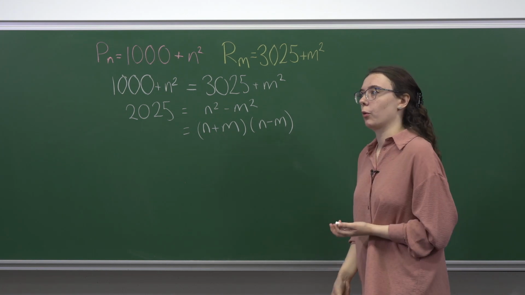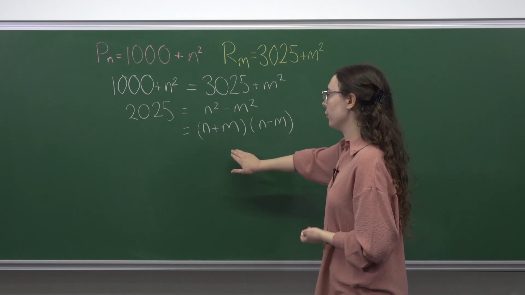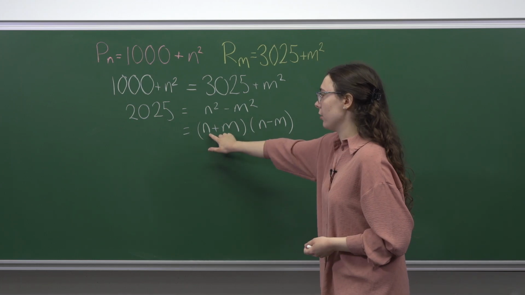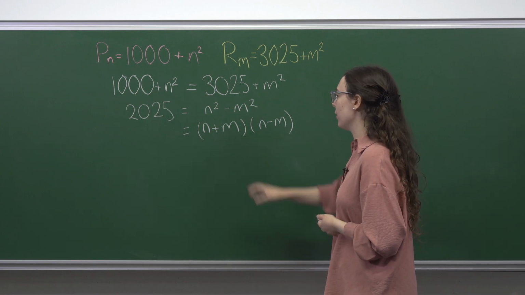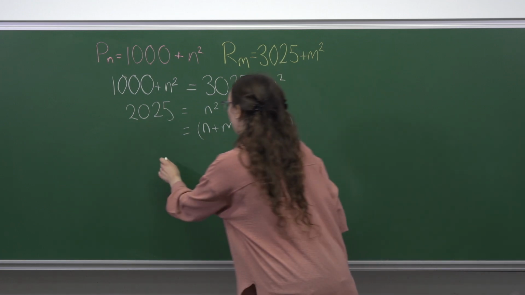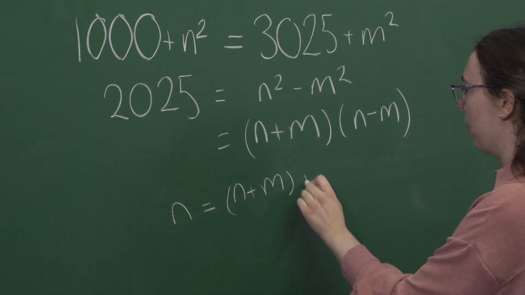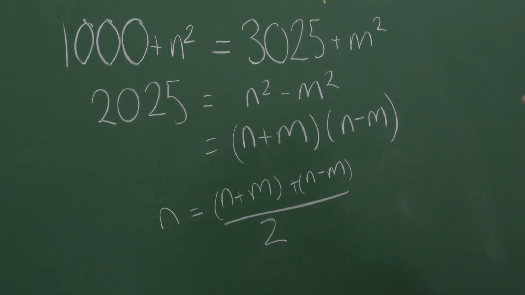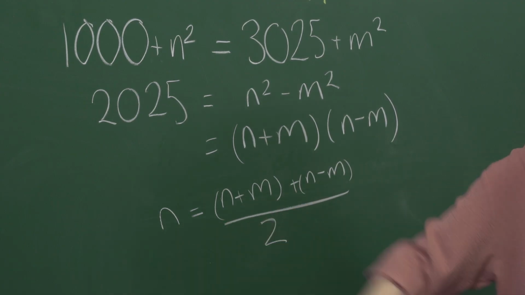And remember, in the first part of the question, we had to be a little bit careful about making sure that, given a solution for the pair n plus m, n minus m, that this corresponded to integers n and m. And really all that matters here is that these two factors are the same parity, so that when we write n as (n plus m plus n minus m) over 2, as long as these are either both odd or both even, we're going to get an integer for n.